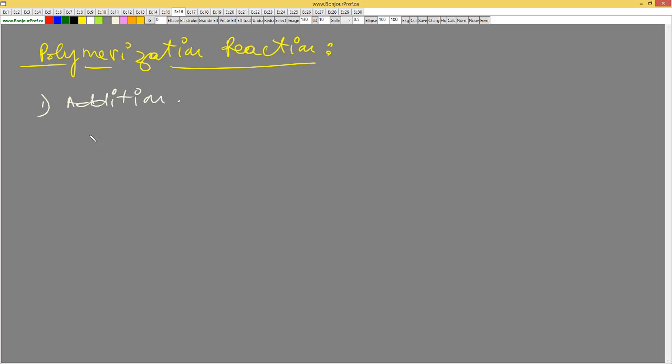And recall that ethenes, alkenes, can do additions. Why? Because they have a double bond. You remember? For example, I take an ethene, CH2=CH2, and I can add to it another ethene, the same. This one is the ethene.